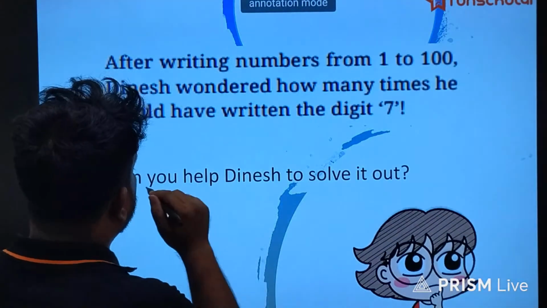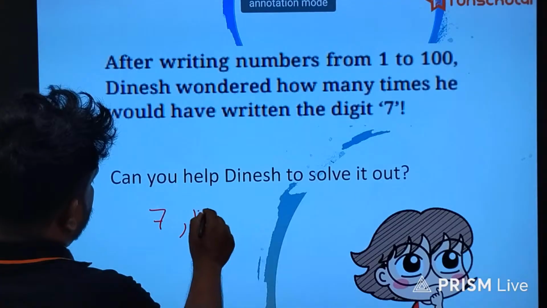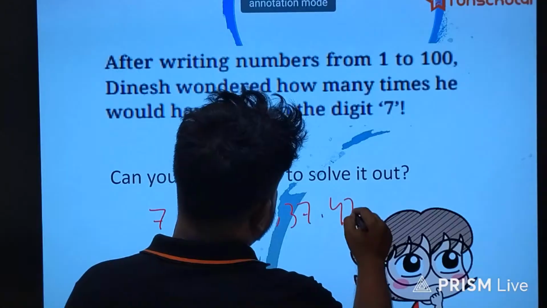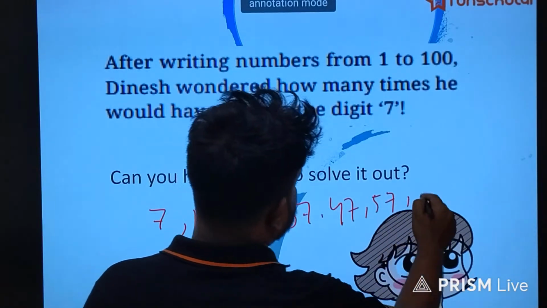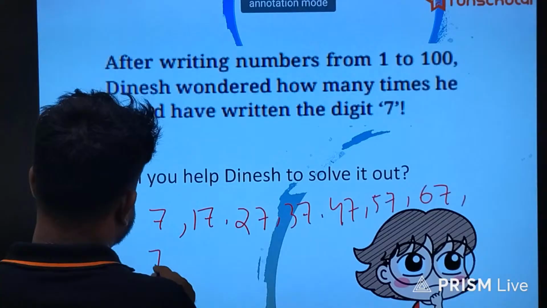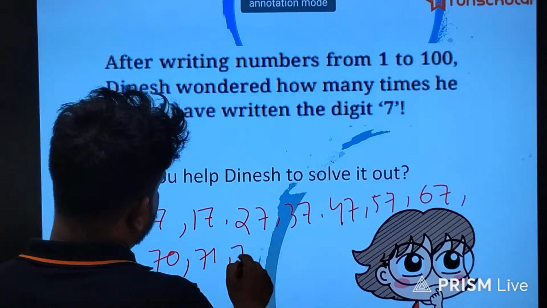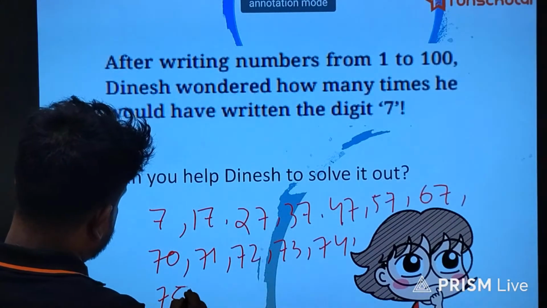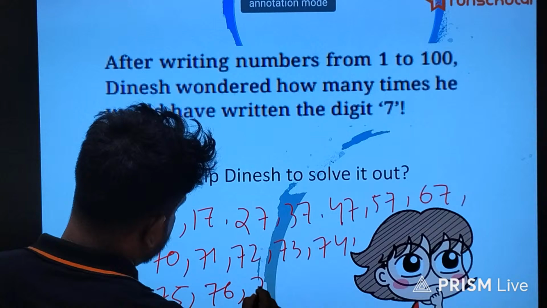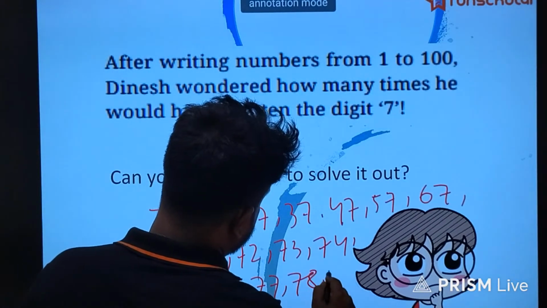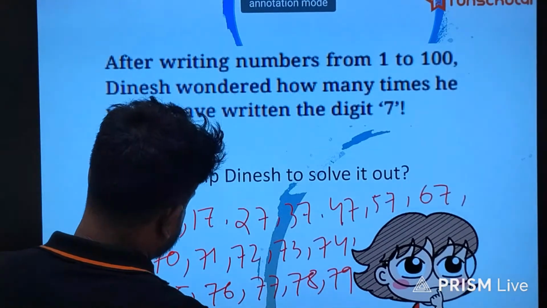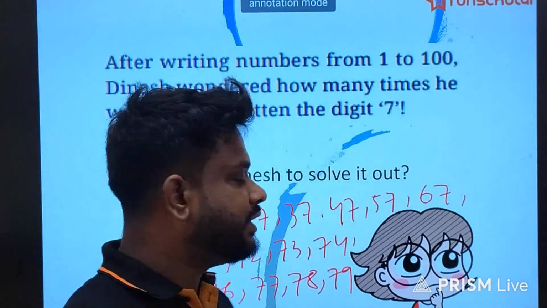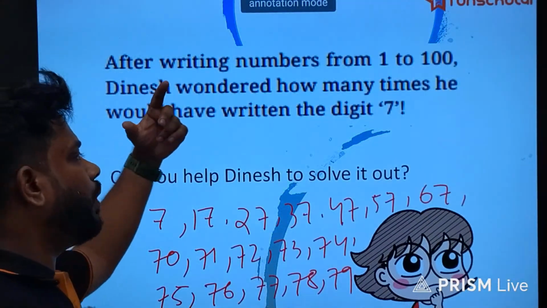From 1 to 100 there will be 7, 17, 27, 37, 47, 57, 67, and then comes 70, 71, 72, 73, 74, 75, 76, 77, 78, 79, then 87, 97. So these are all the 7s which come in by writing 1 to 100.